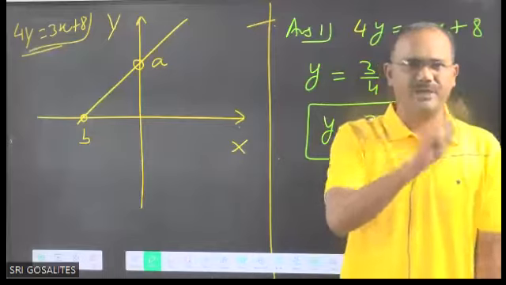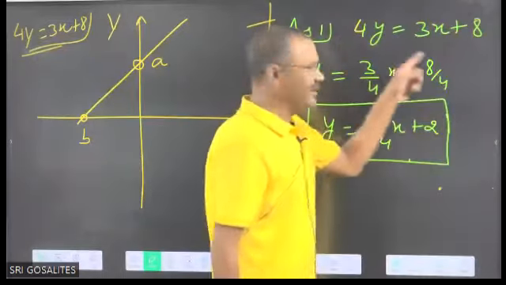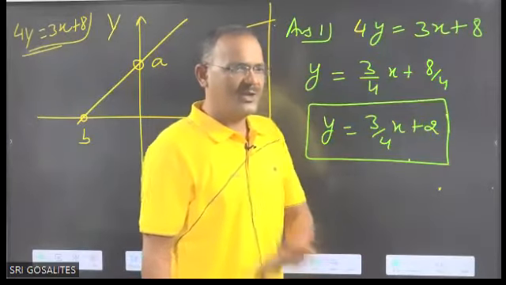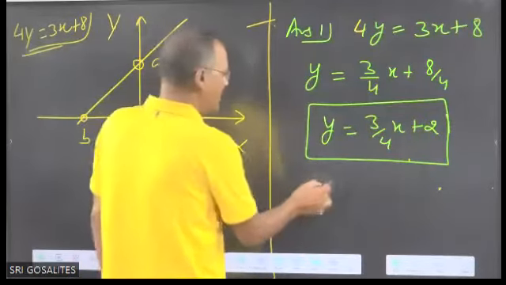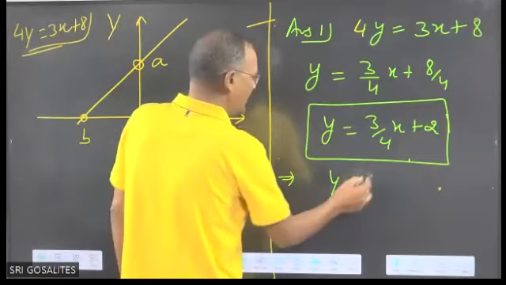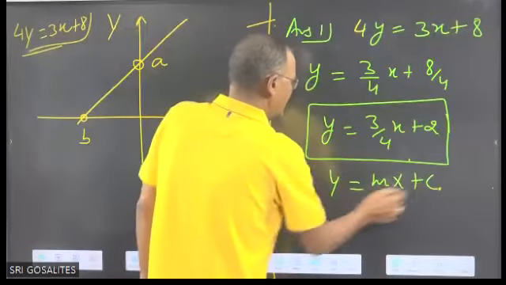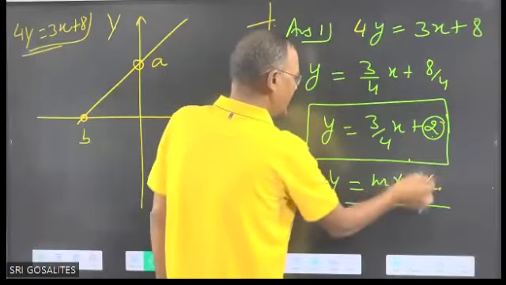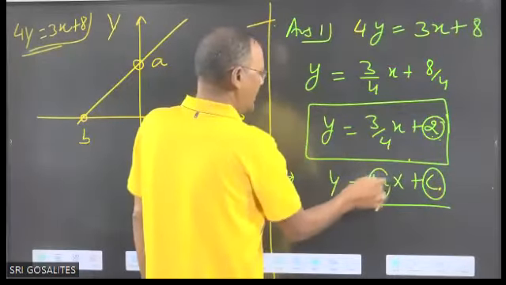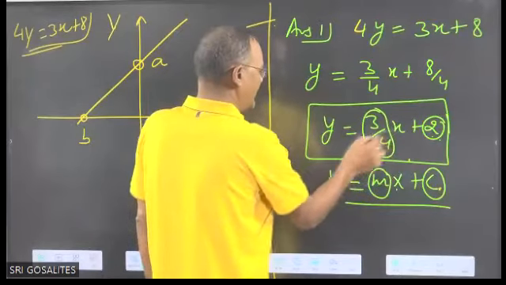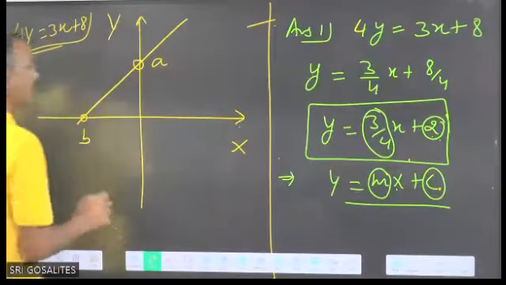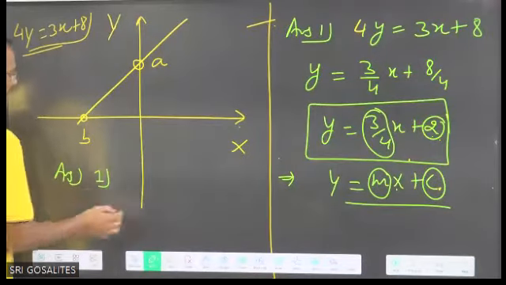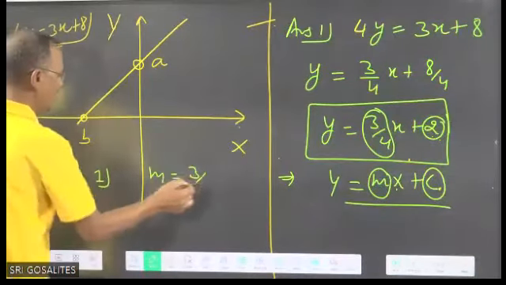That is the first priority. So we must divide it by 4. y should be single. There must not be any coefficient. So now I can have a comparison. It looks like mx plus c. So beta, what is the c? At the place of c we have 2. At the place of m, the coefficient of x, is 3 by 4. So our first answer will be m is 3 by 4.